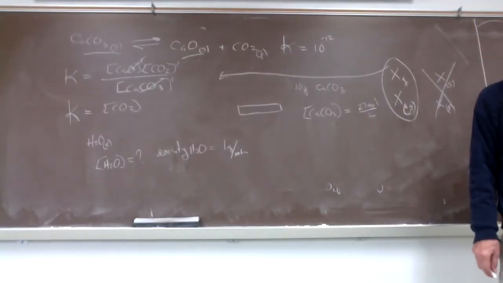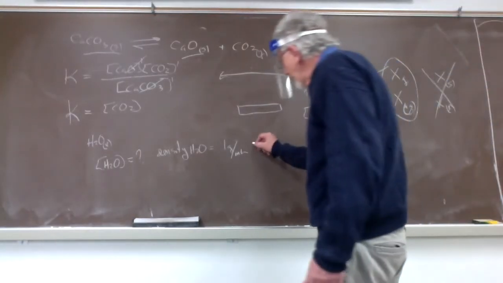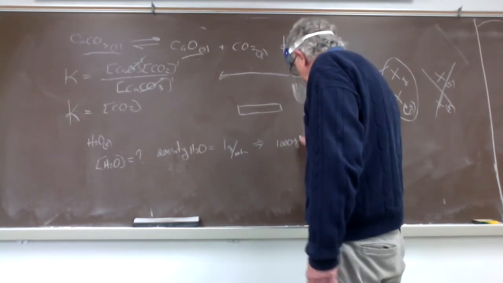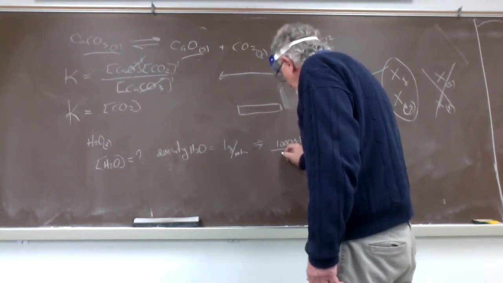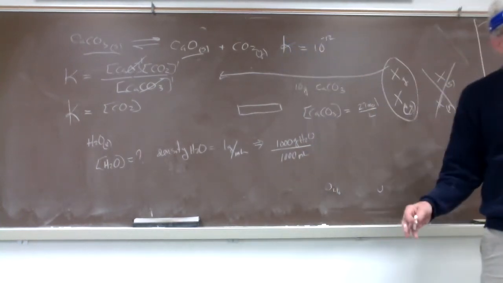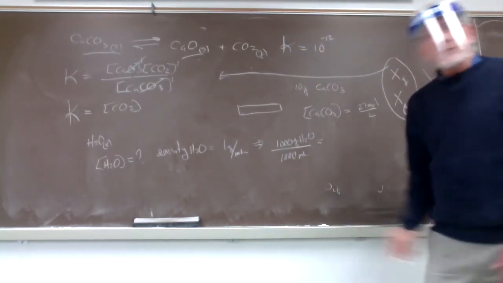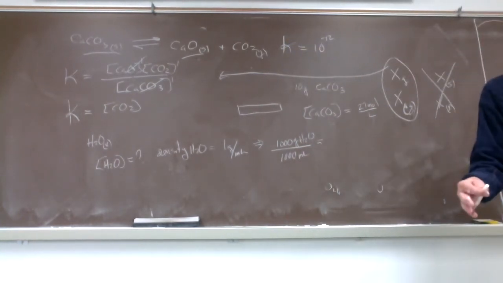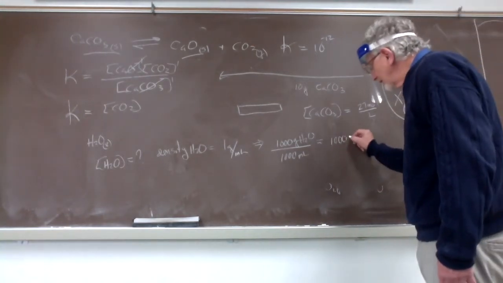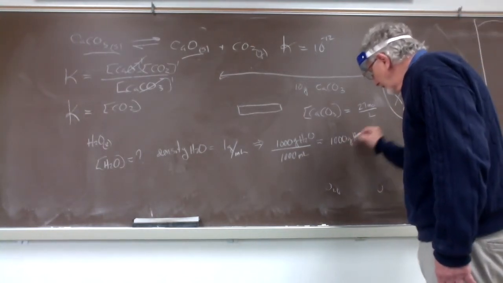That makes sense? If we have 1,000 grams of water, 1,000 milliliters of water, correct? 1,000 milliliters is equal to 1 liter. So we have 1,000 grams of water.